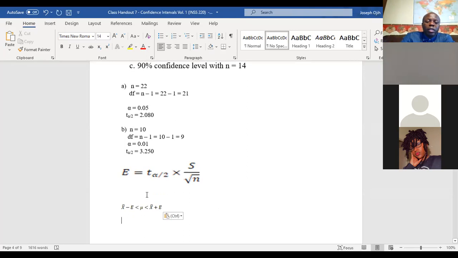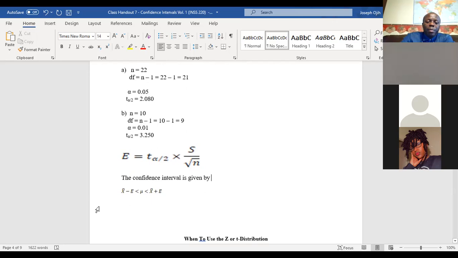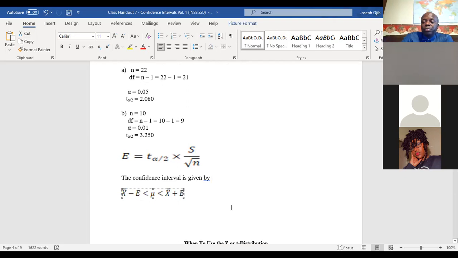So the confidence interval is given by this formula, x bar minus error. Once you get the error margin, you are done. Just put it in the confidence interval formula and then make your conclusion.